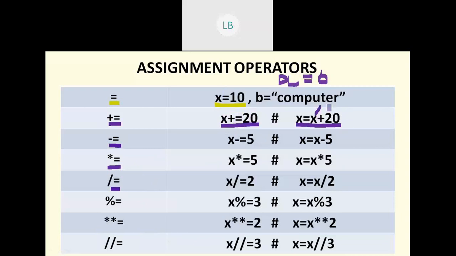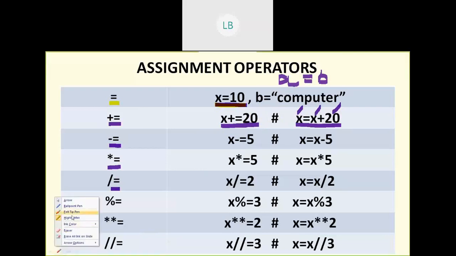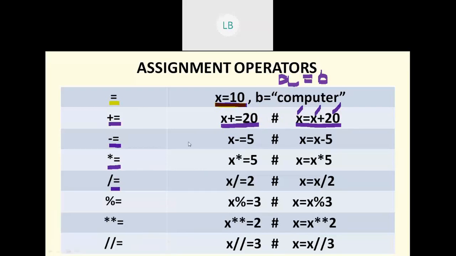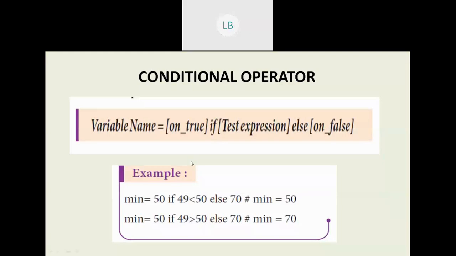In a simple way, I can write x plus equal to 20. In this example, if x equal to 10, after x plus equal to 20, 30 will be stored in x. This is your assignment operator, and all these shorthand assignment operators are available. The next one is the conditional operator.